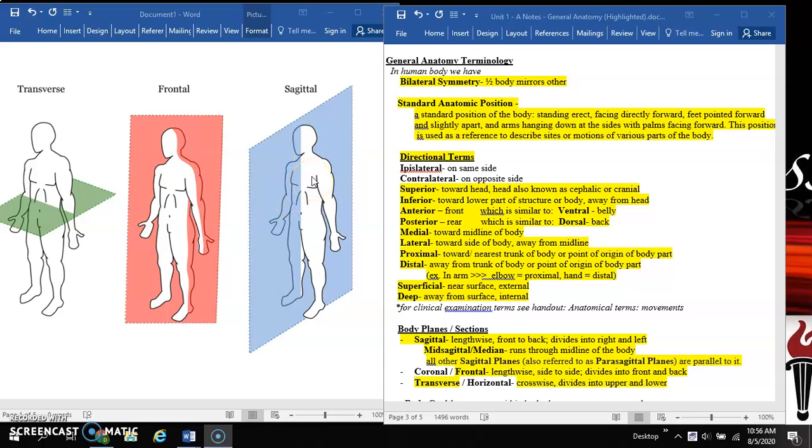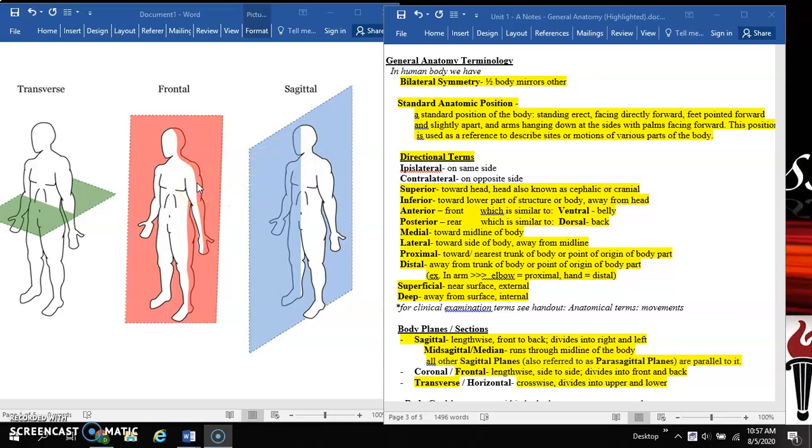Now, you can also refer to, for example, when we look at a sheep's brain, and you're going to make a sagittal incision, you would divide that brain into the right and left sides. So sagittal runs lengthwise and makes a right and a left.